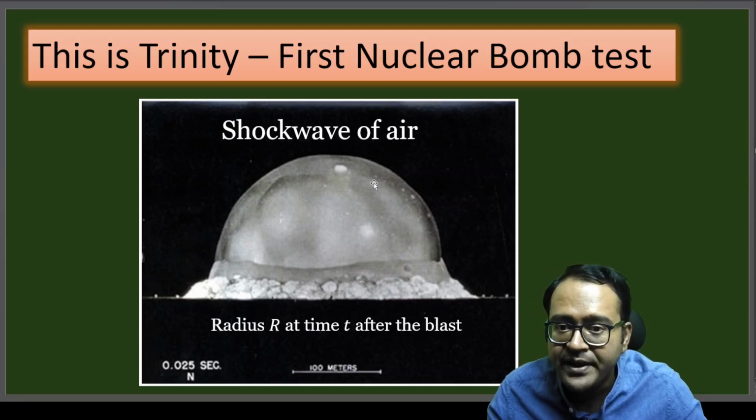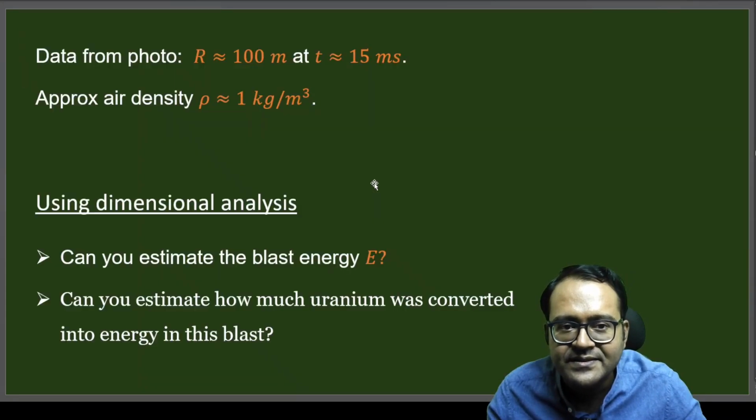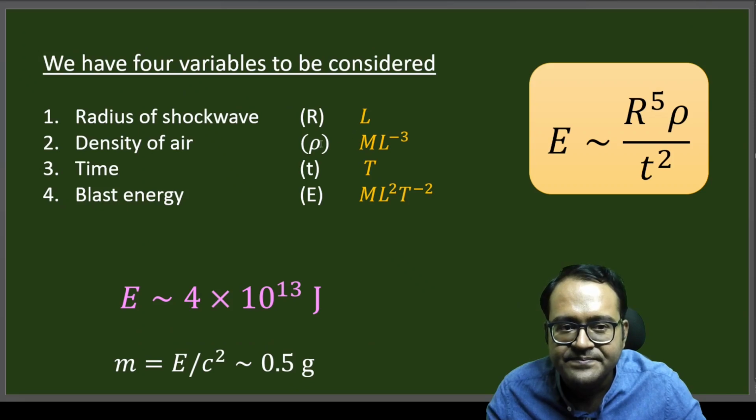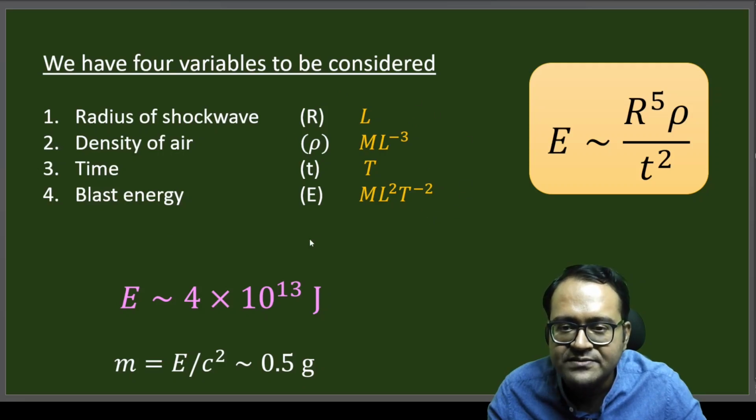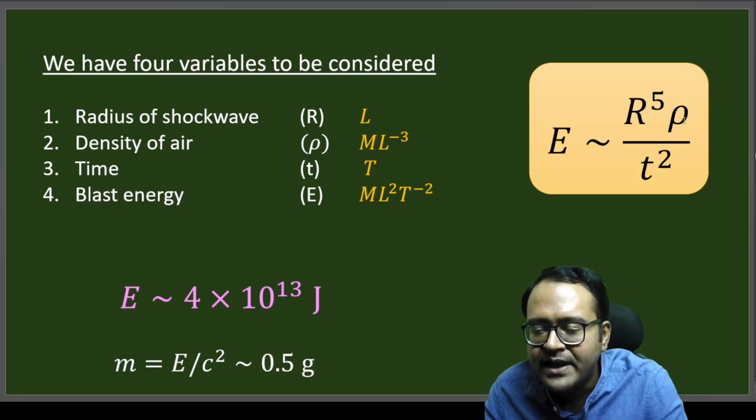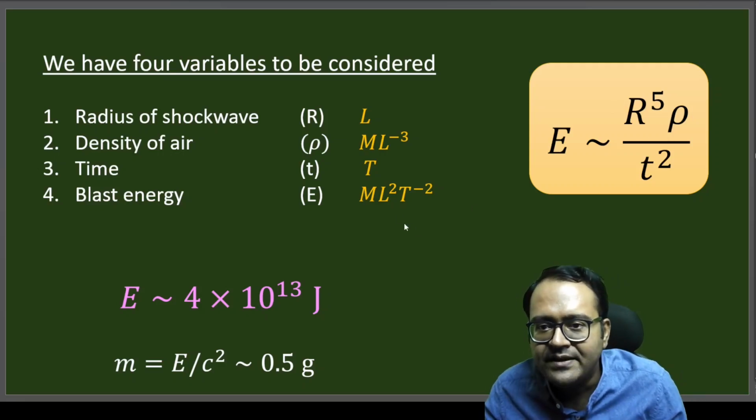The density of air will come into play here, along with the time, energy, and radius, of course. So if you have successfully identified these 4 quantities, then you can easily see that energy is related to r to the power 5 multiplied by rho by t square. You just do it. This is a simple homework to see that.